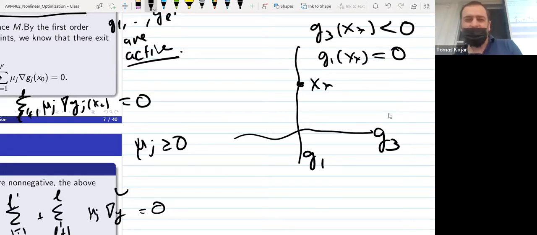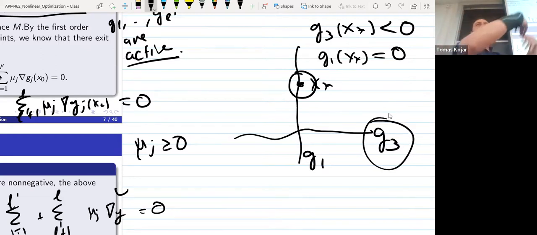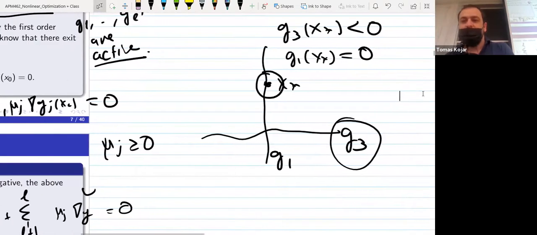For inactive, you are fully inside. All the points in here satisfy G3 being negative.